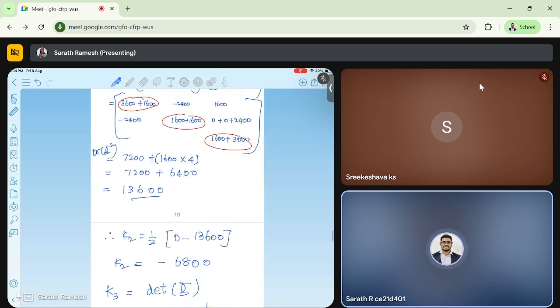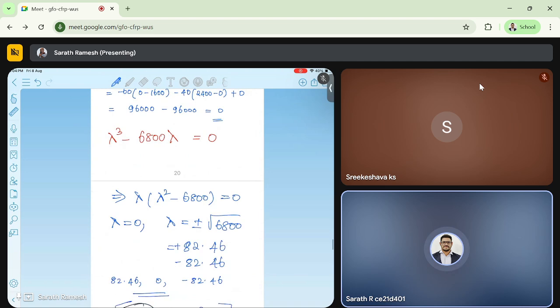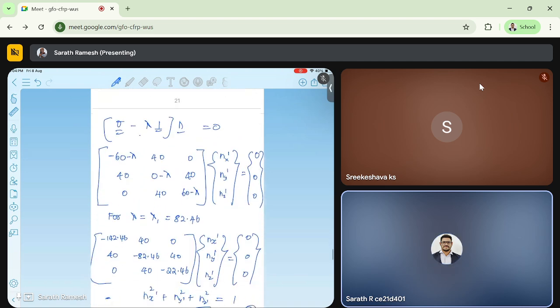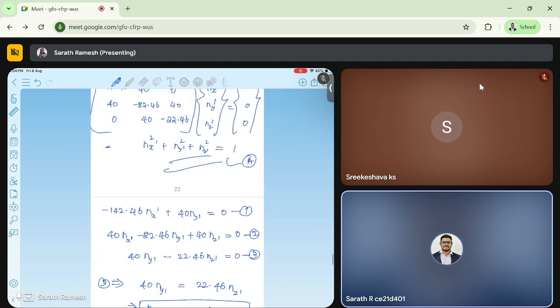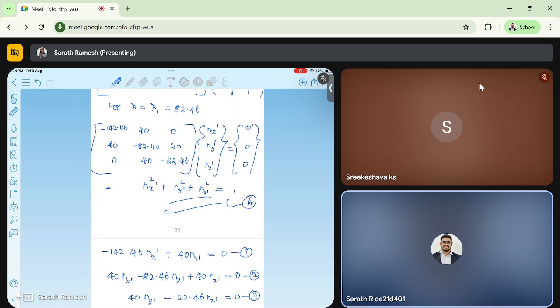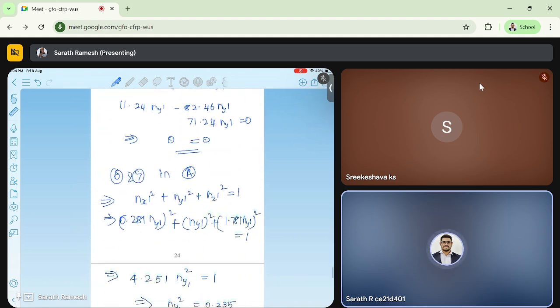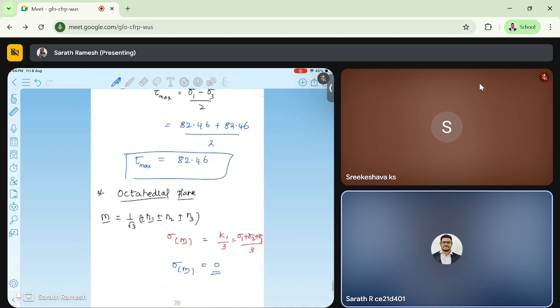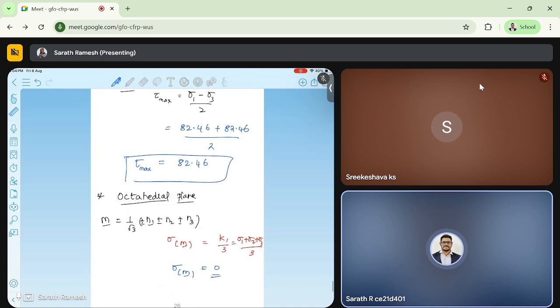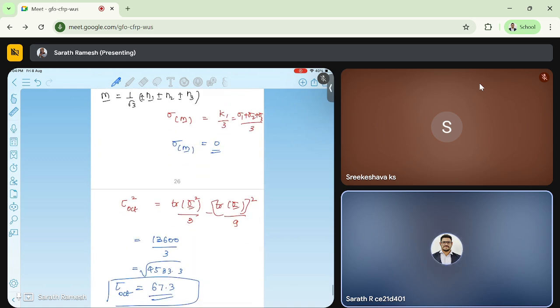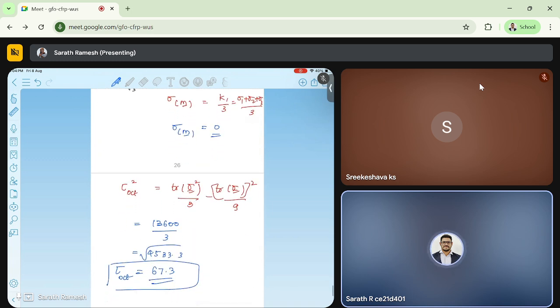While finding principal directions, we have to remember the extra constraint, that the magnitude of the eigen directions is 1. Using that only we can solve that equation. Finally, we saw the octahedral plane and the normal stress and shear stress in the octahedral plane.